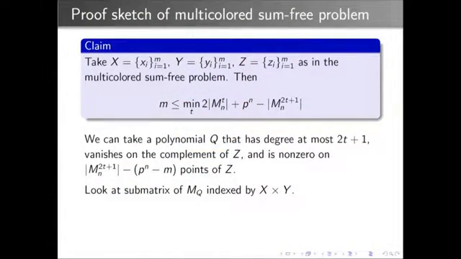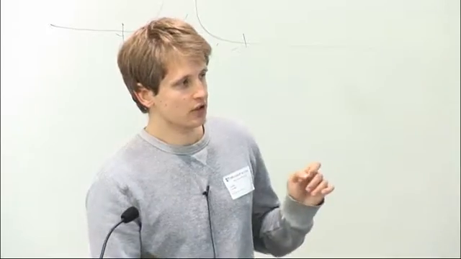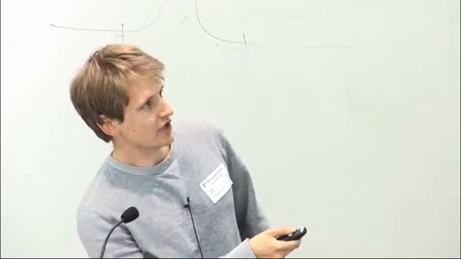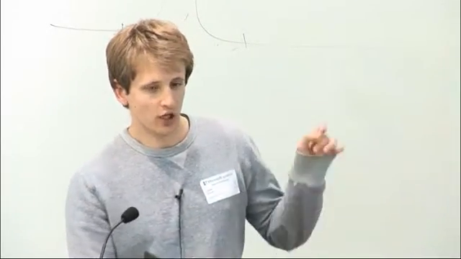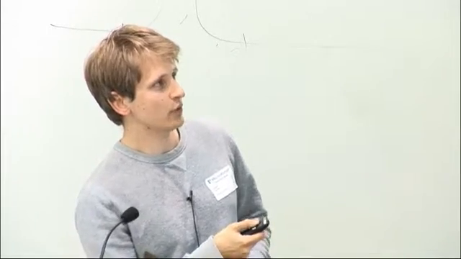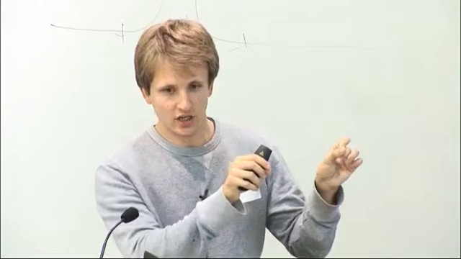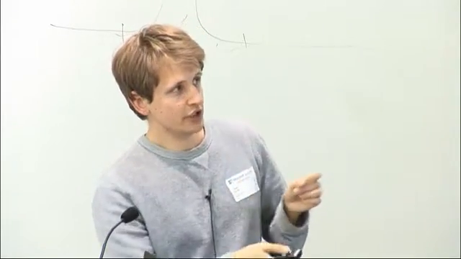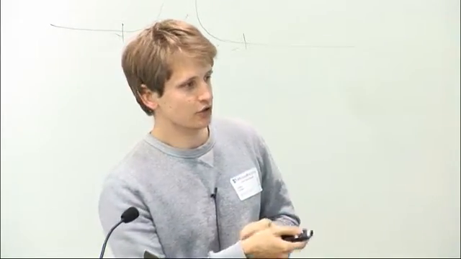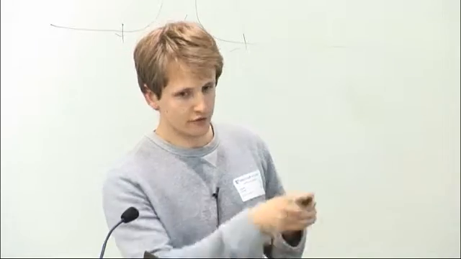And then we have this matrix MQ with the sums, and let's look at the submatrix indexed by x cross y. We have a bijection between x and y. If we're off the diagonal, then that means we have x_i and y_j for i and j not equal, and then we know that we're not in z. So then this MQ off the diagonal must be 0.